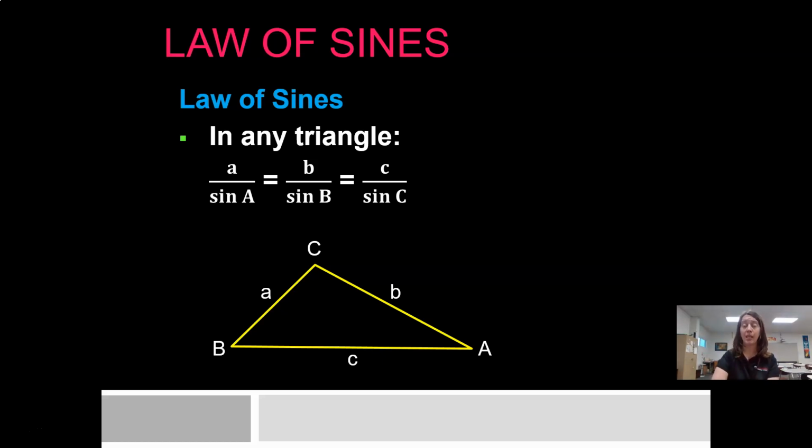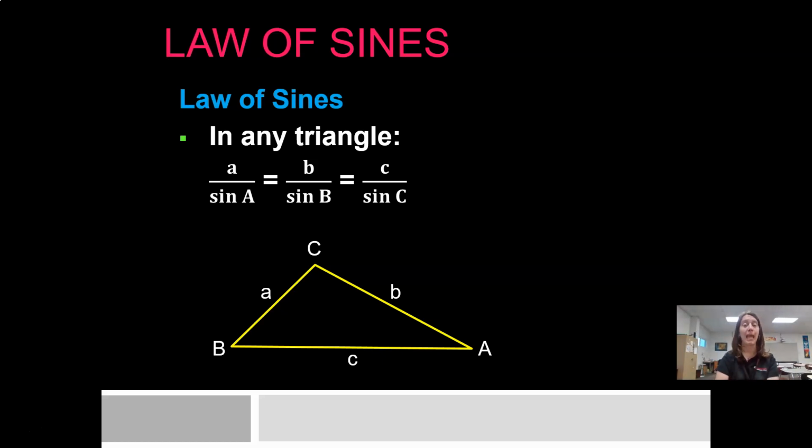The same thing is true about the other two. On the second one, I have little letter b, which is a side length, over capital letter B, which is the angle. Because we're talking about the angle, then we're going to use the sine. So the sine of capital B. The last ratio, little letter c, which is a side length, over capital letter C, which is an angle.